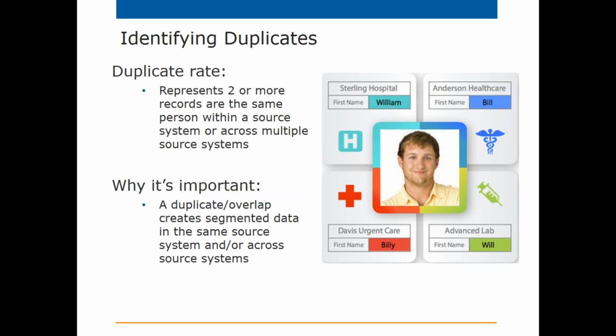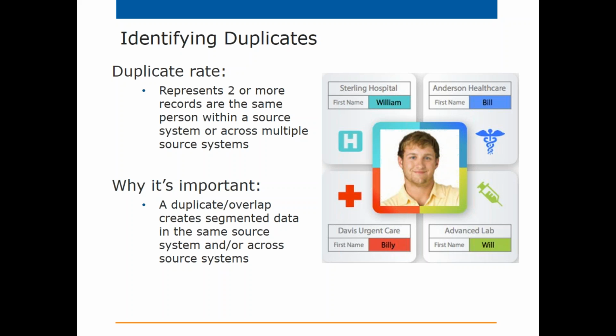So we want to make sure that we try and identify especially duplicates within your same EHR so that you can get those remediated and rolled up into the same person so that if you do share that information outside, it won't be segregated. So you won't have one patient record with allergies and another patient that represents the same person without allergies.